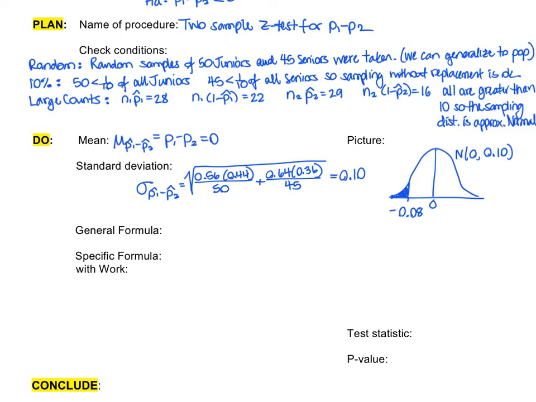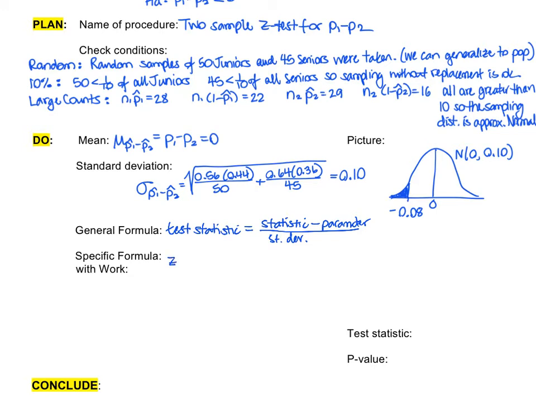Next comes the general formula, which is test statistic is equal to the statistic minus the parameter over the standard deviation. And now we need the specific formula. So remember, what we're going to be using is a z-test, a two-sample z-test.